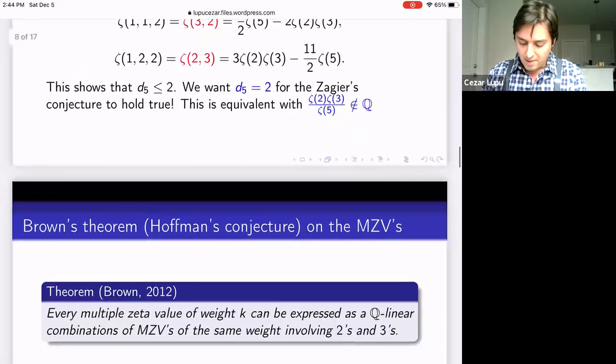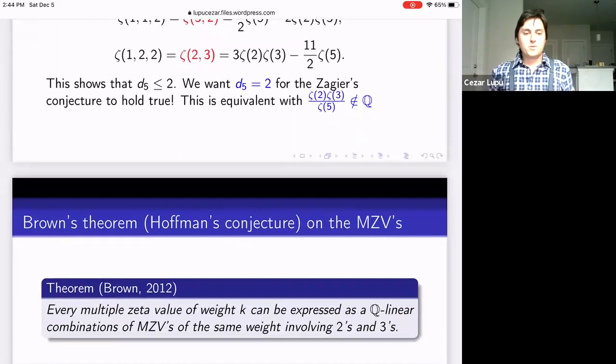Some years ago. All right, now I want to explain why I'm going to get closer to Zagier's formula. Before I even talk about that, let me state the following theorem, which was a conjecture of Hoffman. It says that every multiple zeta value of weight K can be expressed as a Q-linear combination of multiple zeta values of the same weight involving 2s and 3s.